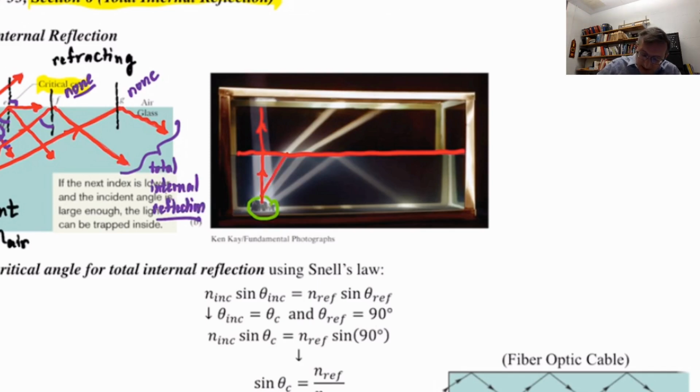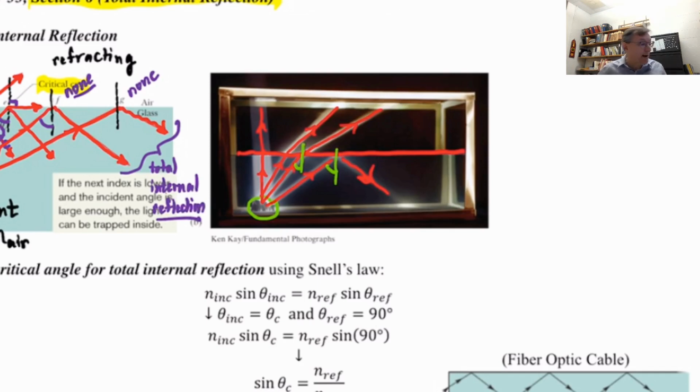Here's light that comes in at an angle less than the critical angle, so some gets refracted. This light also comes in less than the critical angle, so some gets refracted. But this light comes in at an angle greater than the critical angle, and it all gets reflected. So the critical angle is something between that angle and that angle.